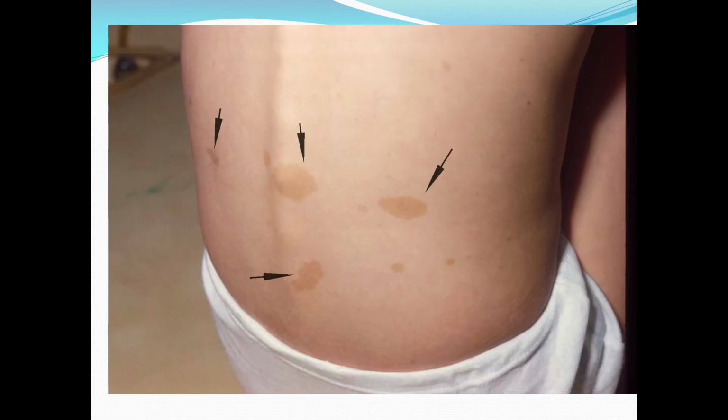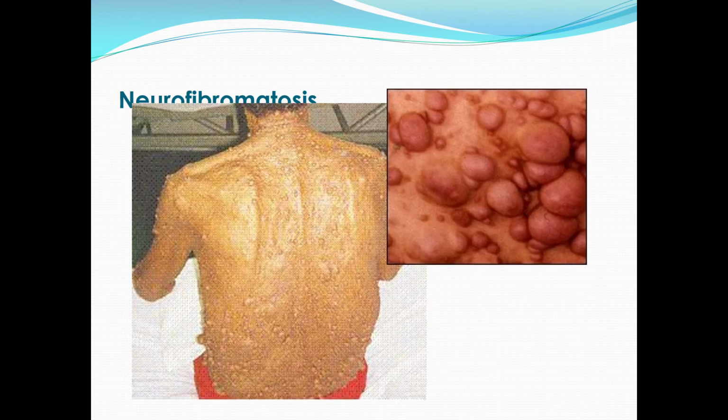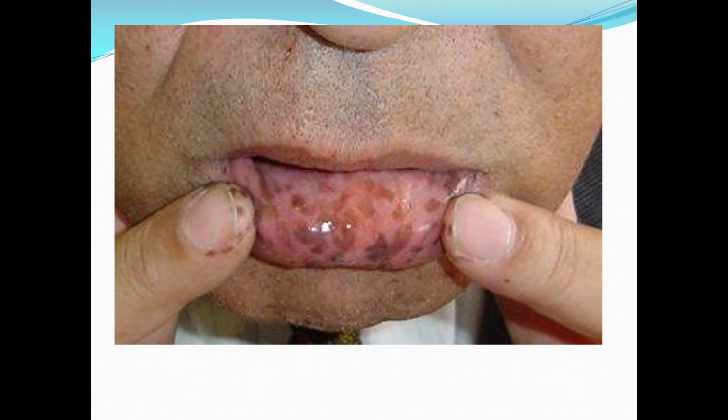Similarly, café-au-lait spots in a patient of neurofibromatosis. Hyperpigmentation you can easily make out here. In Peutz-Jeghers syndrome, you find hyperpigmentation around the mouth area. Similar, Peutz-Jeghers syndrome.